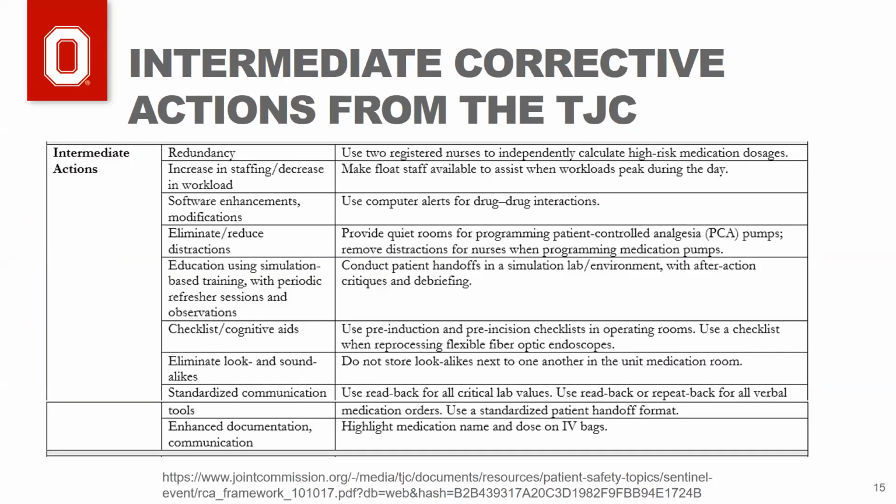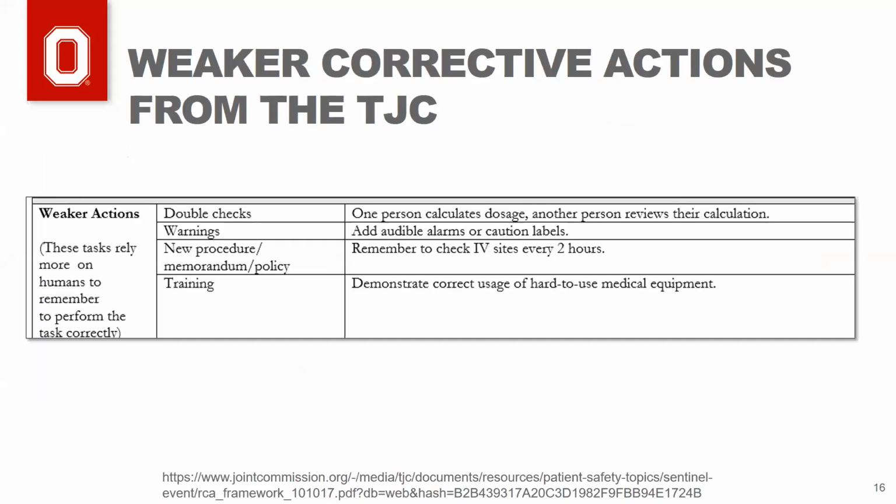Intermediate actions are acceptable. You can look at those. Weaker actions, they actually specifically say we don't want weaker actions. We don't really want to have any of these. But you can put them in if they make sense to you. Just know that they're weaker, and so you probably want them lower in the list.